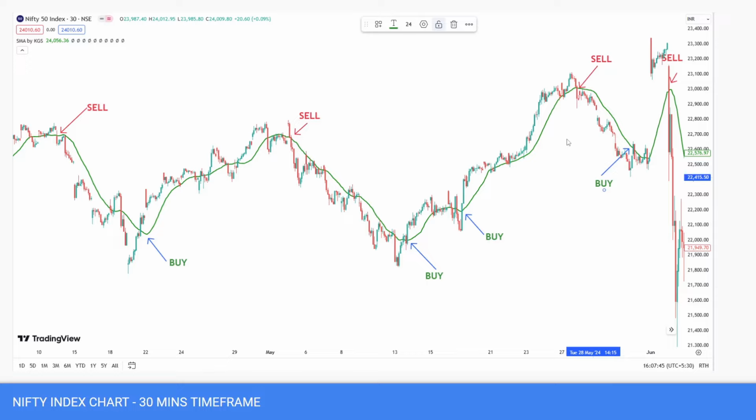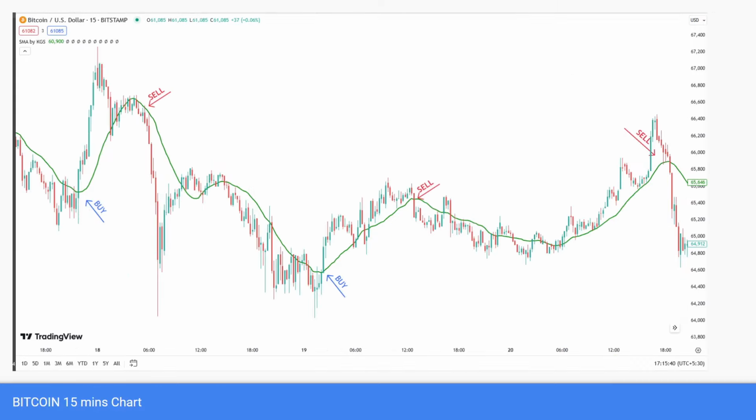Here I have shown you the Nifty 50 chart using the 30 minute time frame. The same thing you can use in the 15 minute time frame. In Bitcoin, I'm buying once the price crosses above the 20 moving average, selling once the price closes below the 20 moving average, and then buying once the price crosses above the 20 moving average, selling when the price crosses below it.